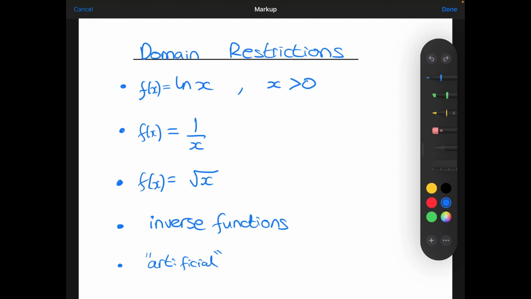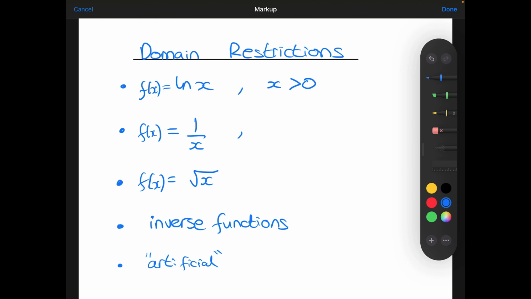The second example, f of x is equal to 1 over x. Right now, this is not a function because there's a value of x here that I can't substitute in. I can't substitute 0 into this expression. If I tried to substitute 0 in, I'd get 1 over 0, 1 divided by 0, which is undefined. I can substitute any other value of x into this, but not 0.